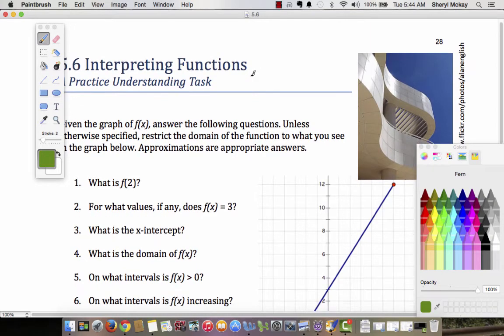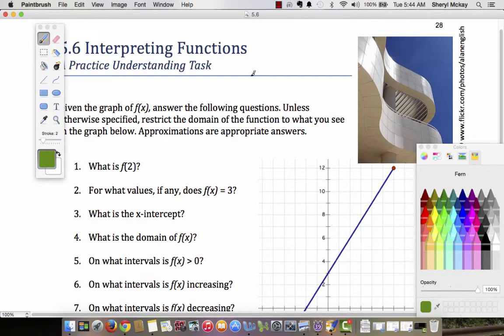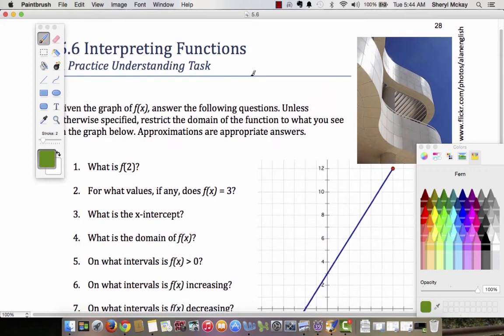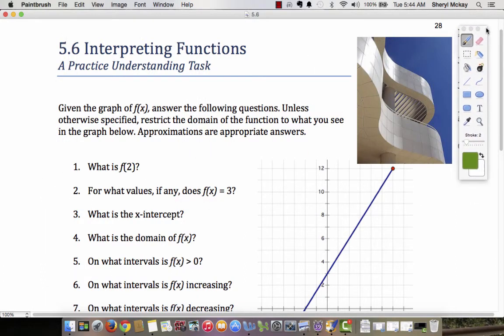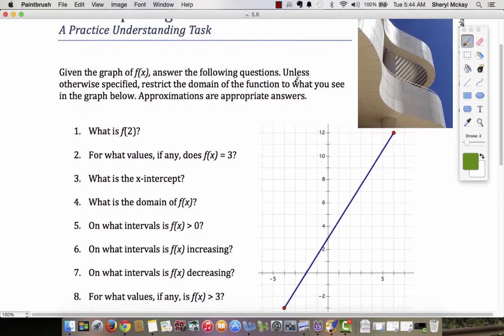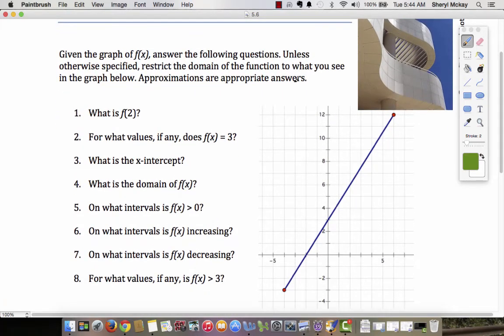Okay, so we are continuing on. Now we're looking at this back side of our paper, and we're going to work on this little activity. All right, so it says, given the graph f of x, answer the following questions unless otherwise specified. Restrict the domain of the function to what you see in the graph below.